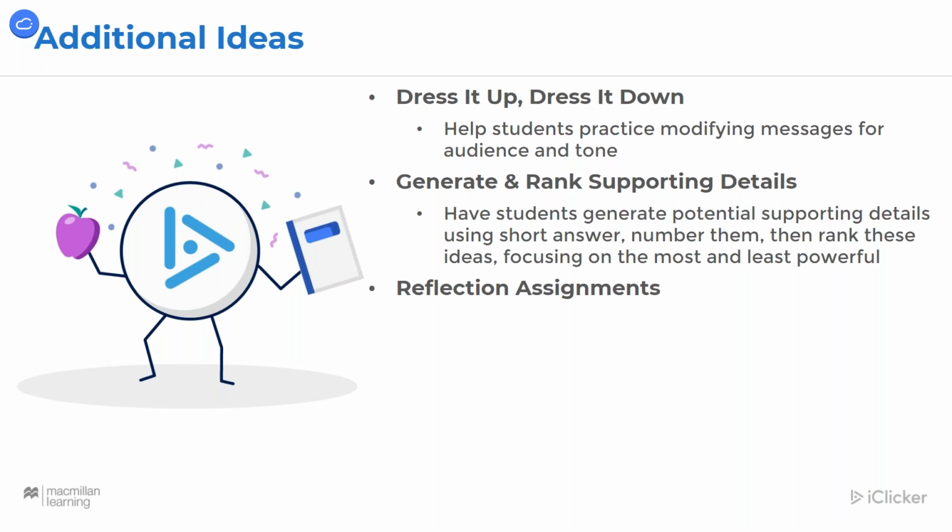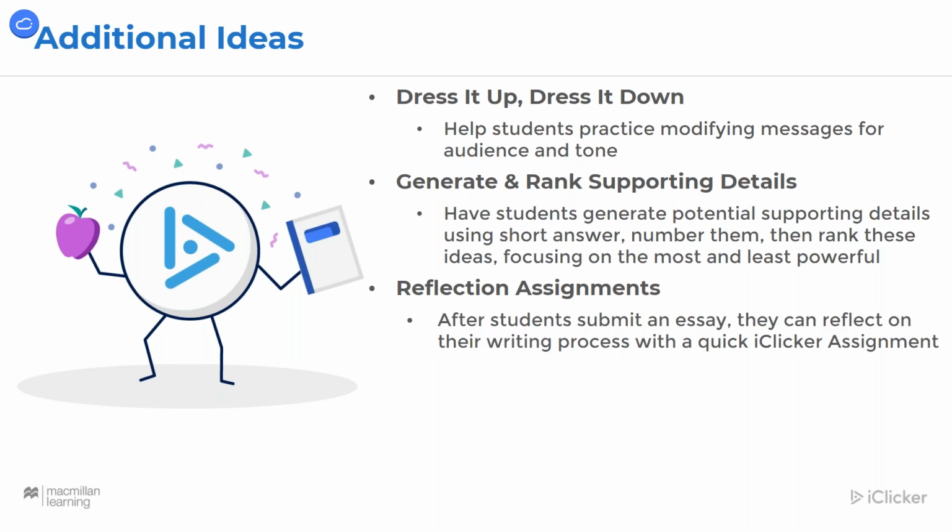You can also do a reflection assignment. So I've talked a lot about iClicker polling, but we also have iClicker assignments. So after students write an essay, you can have them reflect on their writing process with an iClicker assignment. And I've actually loaded one into our iClicker class, so you can see an example of it. It's basically polling questions that students can answer in their own time.